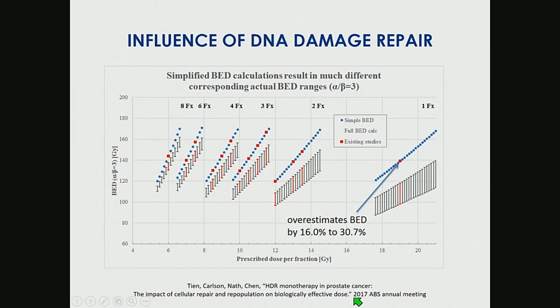So there's a tremendous potential in terms of implications on clinical treatment for individual patients, and also on deriving consensus isoeffective treatment schemes, in addition to treatment outcome studies, because all of these patients received different biologically effective doses, but they are lumped into the same dose in outcome studies.